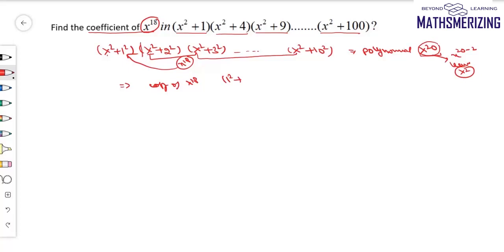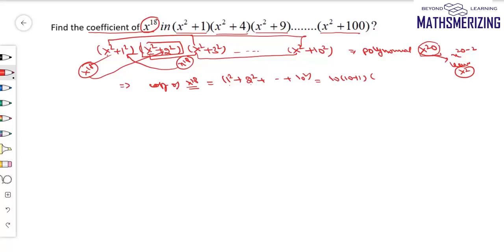So the coefficient of x to the power 18, I can write it as 1². Now, if I leave this x² from the second factor and multiply all other x², then again I'll get x to the power 18. And now when this x to the power 18 gets multiplied with 2², I'll have another coefficient. So then it'll be 2², and it'll continue up to 10². So the coefficient of x to the power 18 in this expression will be 1² + 2² up to 10², which is n(n+1)(2n+1)/6.